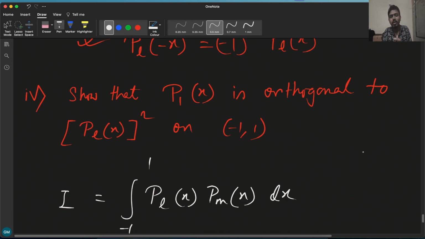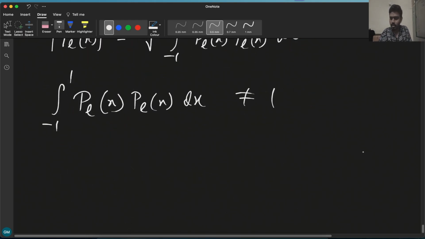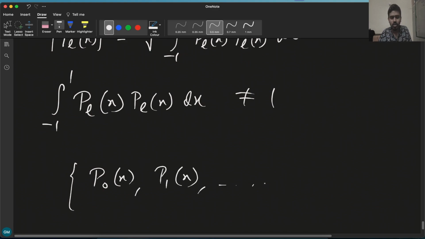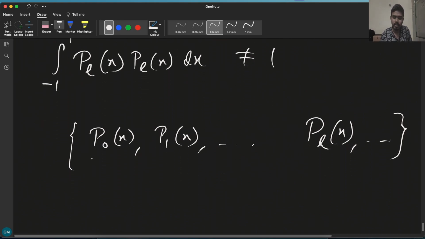So this set P0(x), P1(x), ... P_L(x), ... with an infinite number of basis vectors, all orthogonal to each other, can form bases, and any function can be written as a linear combination of these basis functions.